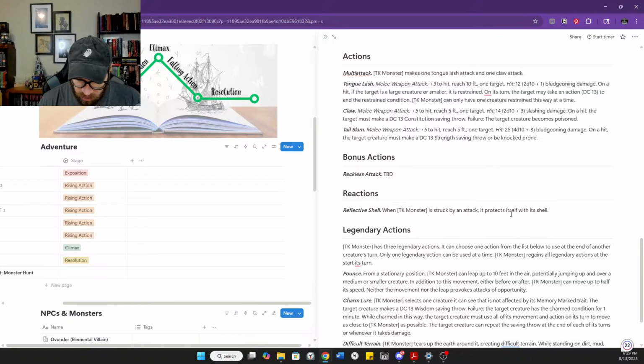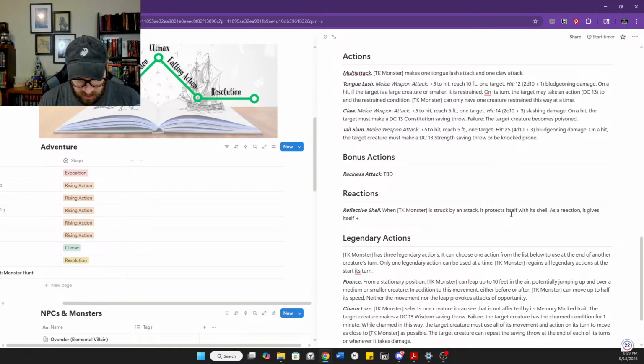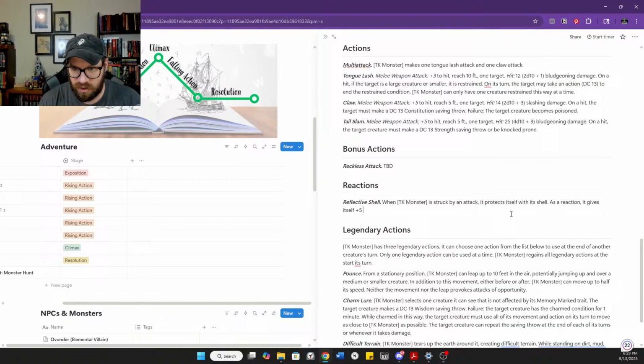As a reaction, it gives itself, say, +5 to its AC, potentially causing the attack to miss. Something along those lines.